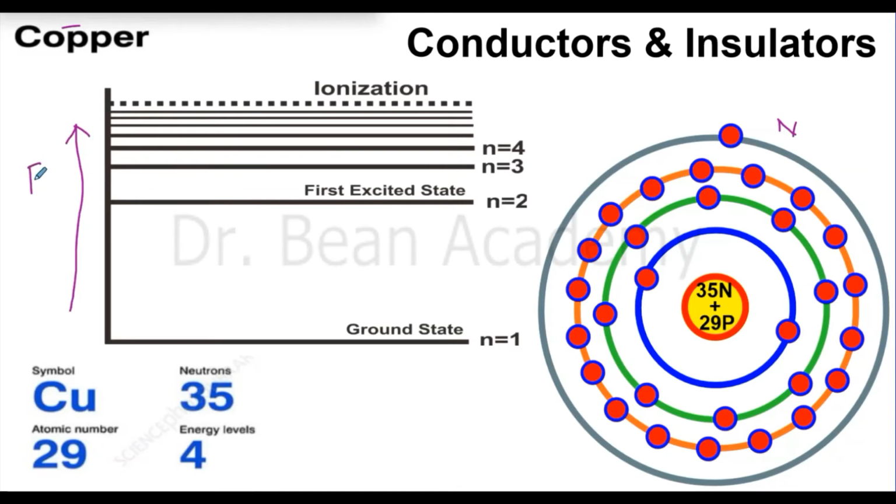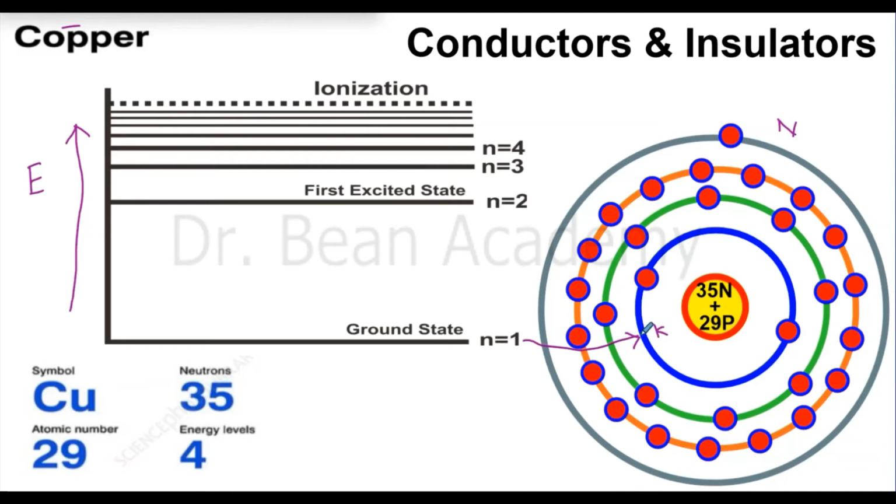Energy is actually increasing, but the ground state is referring to the first orbit here, where n is equal to 1, or in terms of label I call it the K shell. We also call it the ground state because it is the first orbit from the nucleus, and we can only put 2 electrons in this orbit for maximum stability.